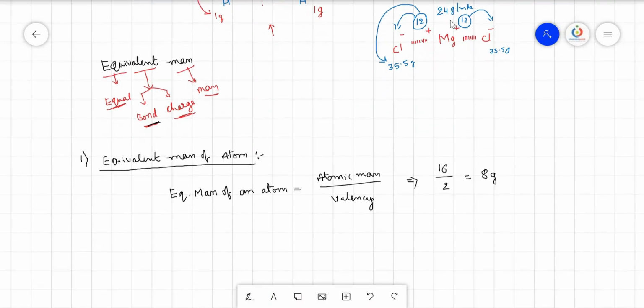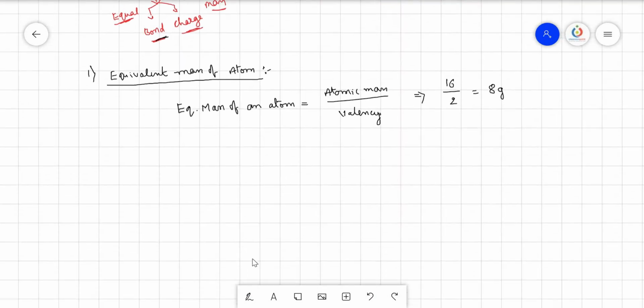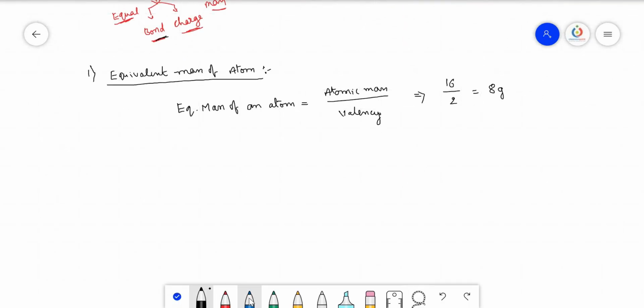Similarly, magnesium. Magnesium is an ion, no? When it comes to ions, the formula is similar, but since they are ions, they are called radicals.